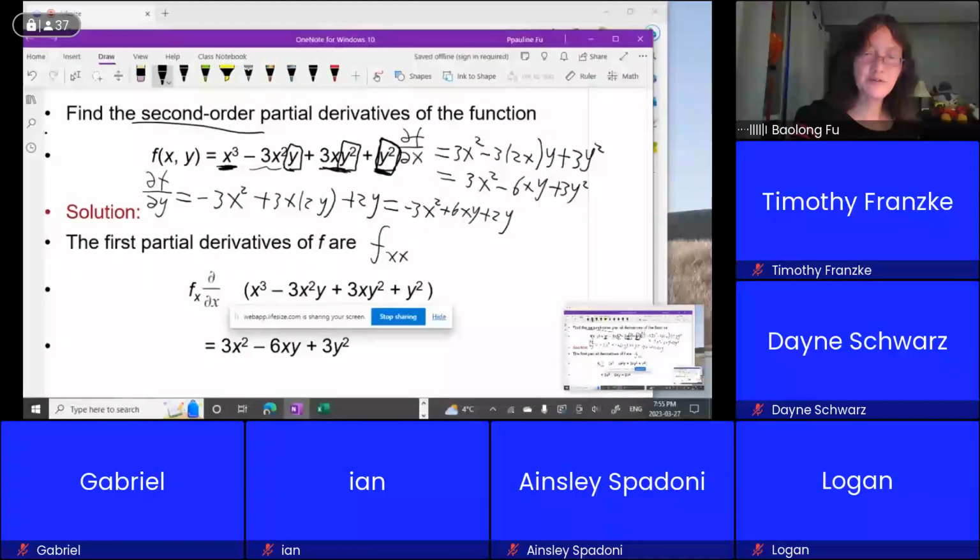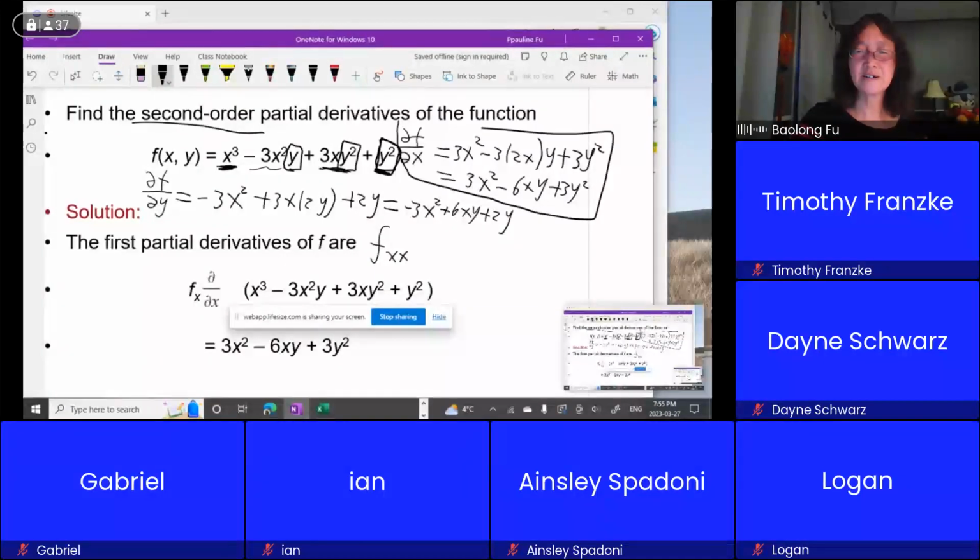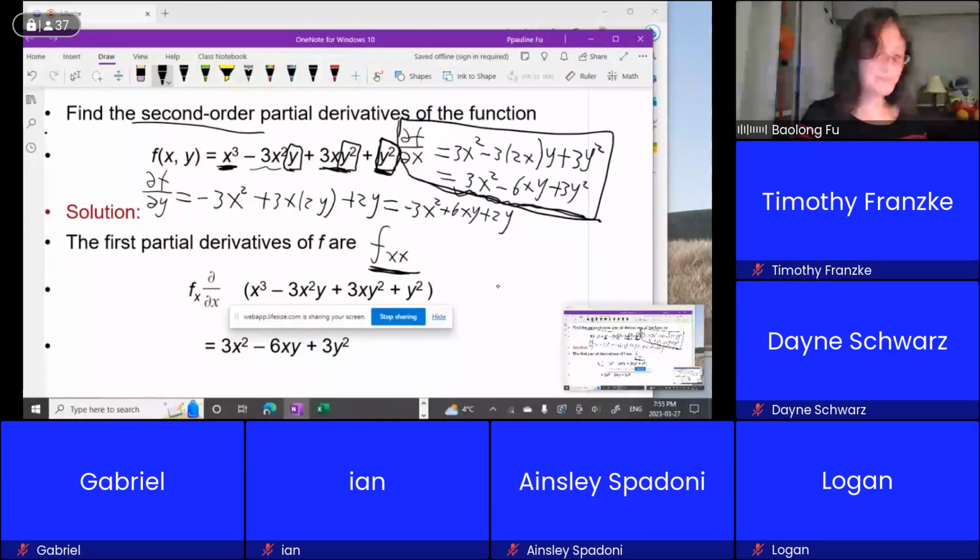This is the second derivative, means once you get this first derivative here, this is df dx, then take derivative relative to x again, you get this. For this, take derivative relative for x. Consider y constant.